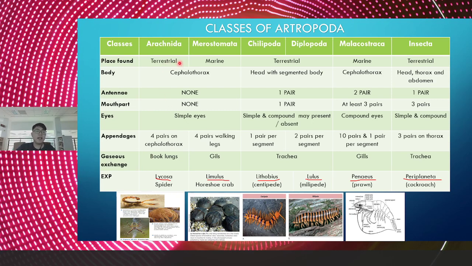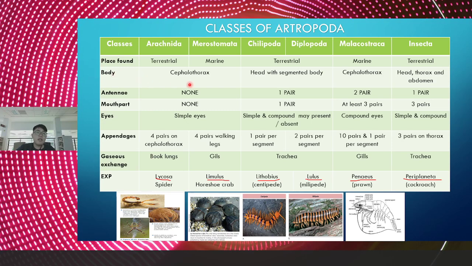Terrestrial means living on land, like humans. Merostomata, the horseshoe crab, is a marine animal. For Chilopoda and Diplopoda, do these organisms live in the sea? No, they are terrestrial. Malacostraca, the prawn, is marine. And Insecta is terrestrial. This is where they are found.